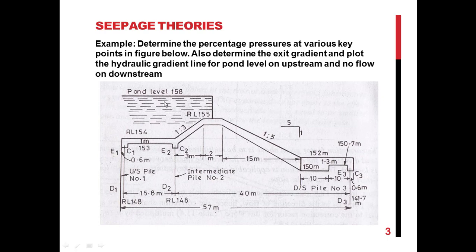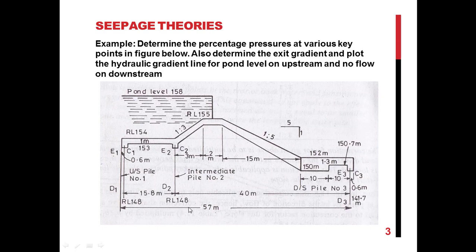The reduced level of the pond on the upstream side is given, which is 158 meters. These readings are in meters. The reduced level of the floor is 154 meters, while the reduced level of the upstream sheet pile line is 148 meters.